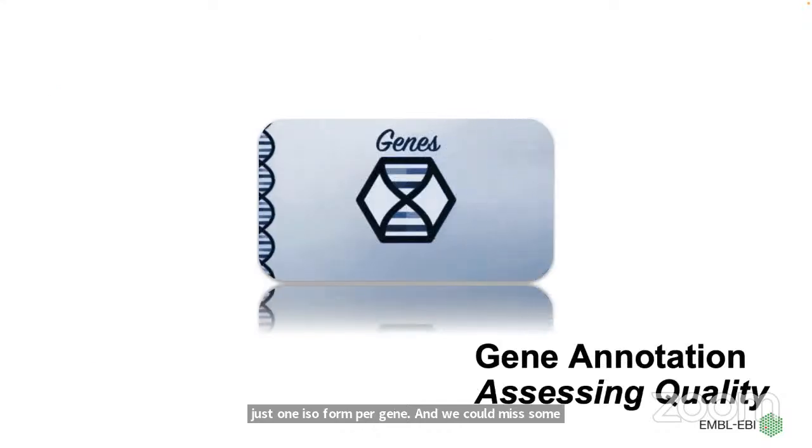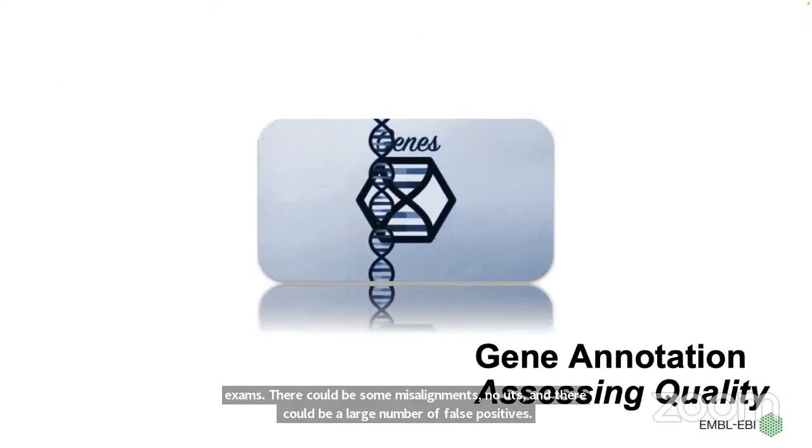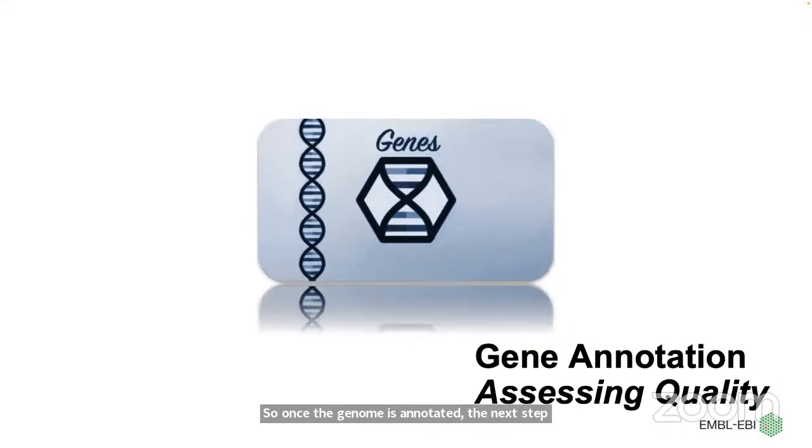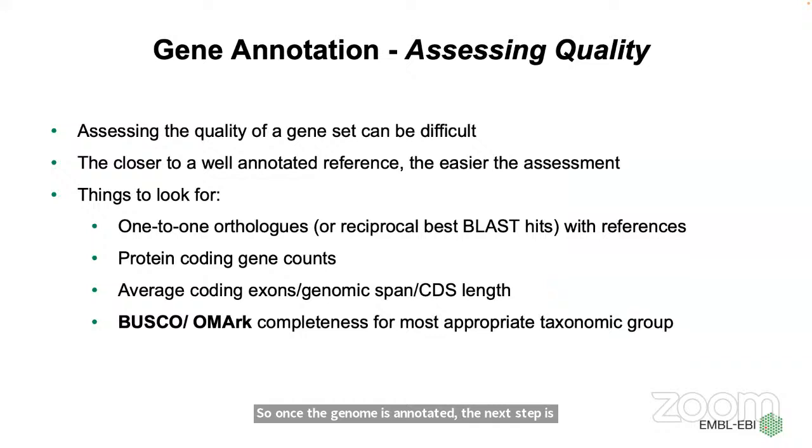So once the genome is annotated, the next step is usually to assess the quality of genome annotation. And it's not an easy task. There are different approaches that can be used to assess the quality of the genome annotation. There are a few things to look for, like one-to-one orthologous relationship with references using reciprocal best hits.